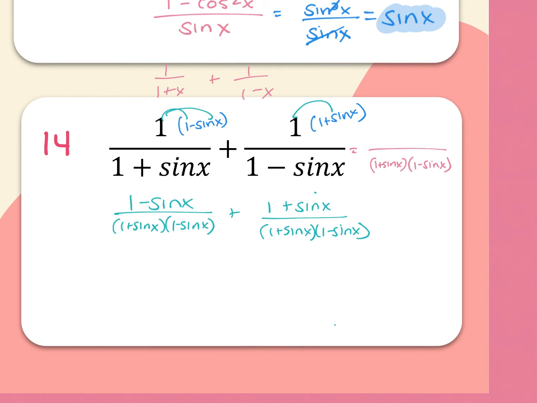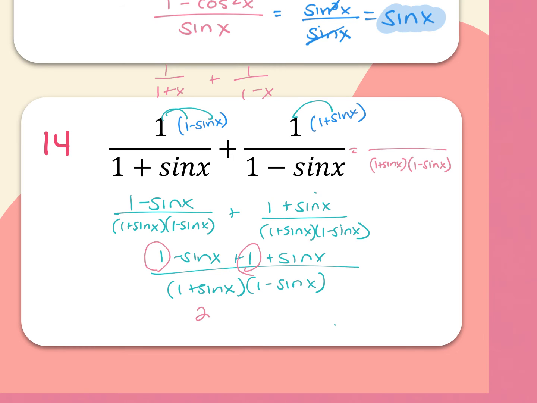Denominators are the same, so now I can add the numerators. 1 minus sine of x plus 1 plus sine of x over 1 plus sine of x times 1 minus sine of x. What can I do in that numerator? Combine like terms. Good. So 1 plus 1 would be 2.